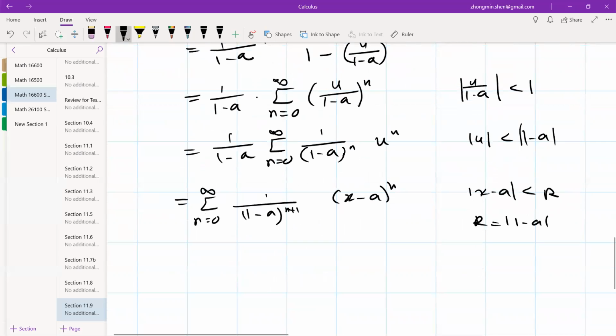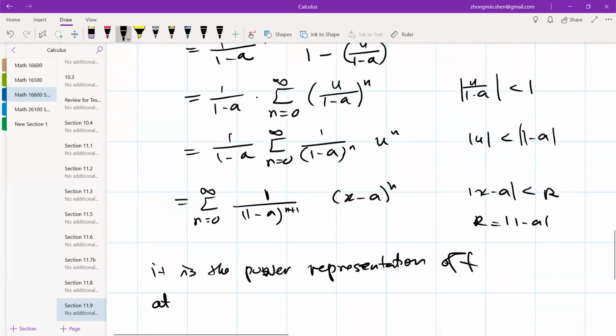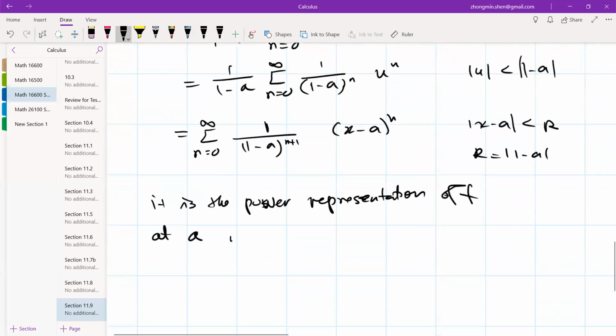So this is the power series representation of the function f around a, with radius going to be the absolute value of 1 minus a.